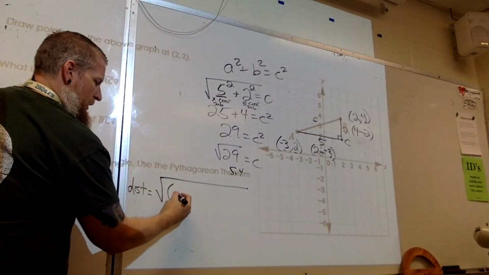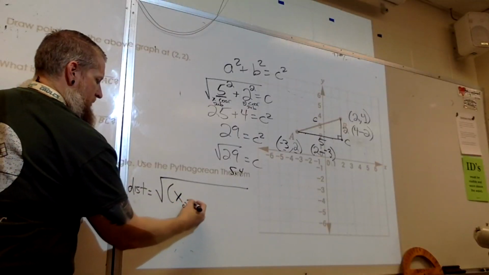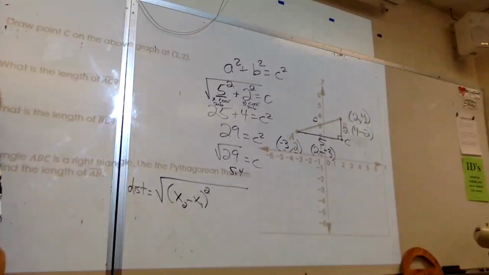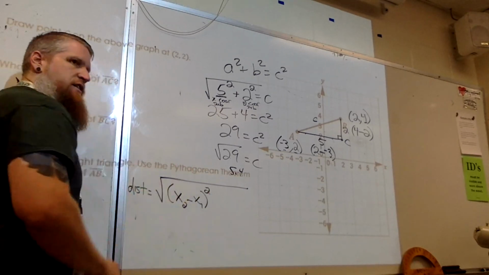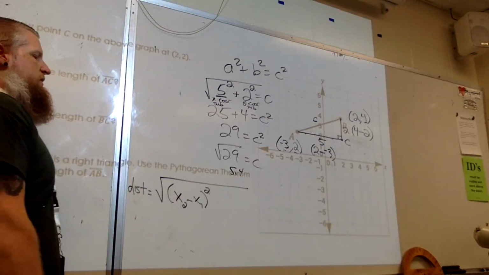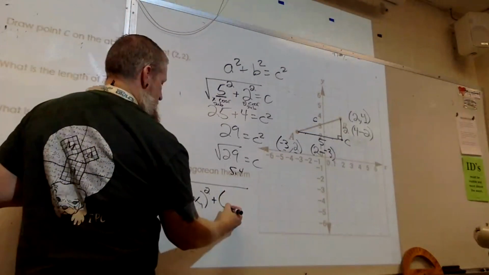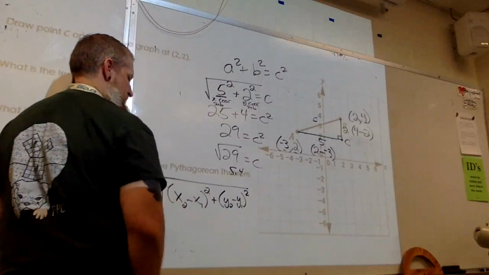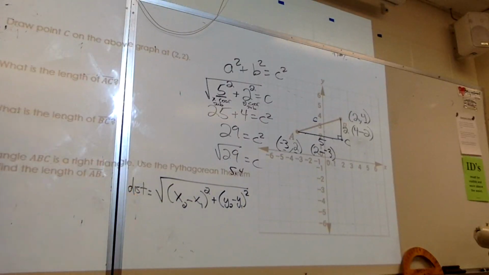But for the first part, you're going to subtract your x coordinates. Again, it doesn't matter what order it's in. The order only matters if you care about the sign. But if you square something, it always makes it positive, so it doesn't matter. And then the y coordinate squared. That's distance formula. That's the whole thing.